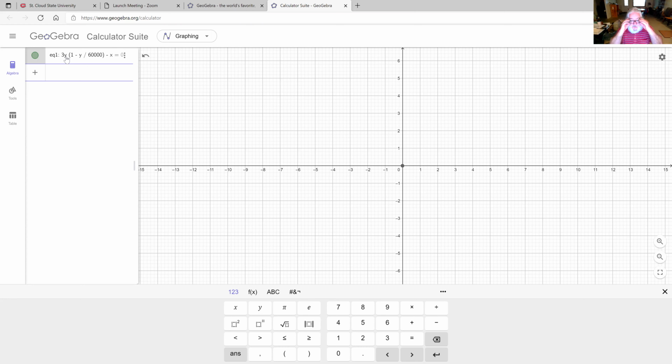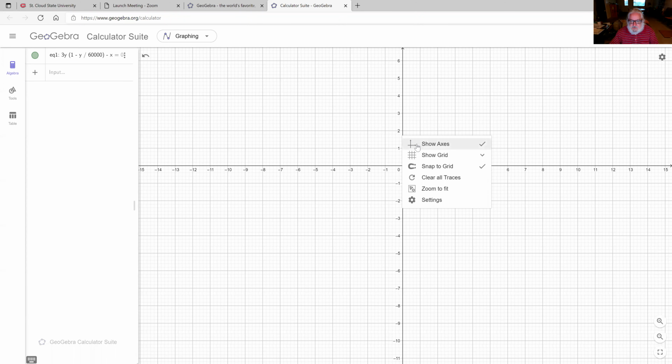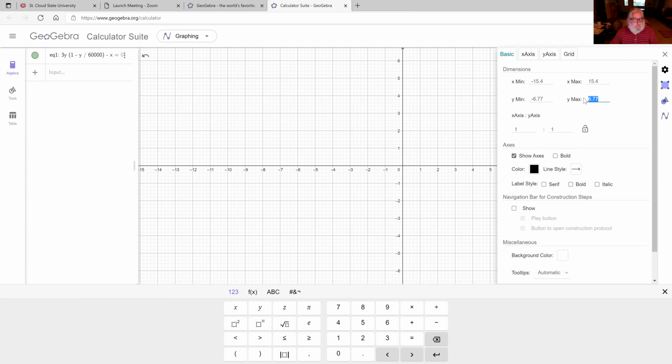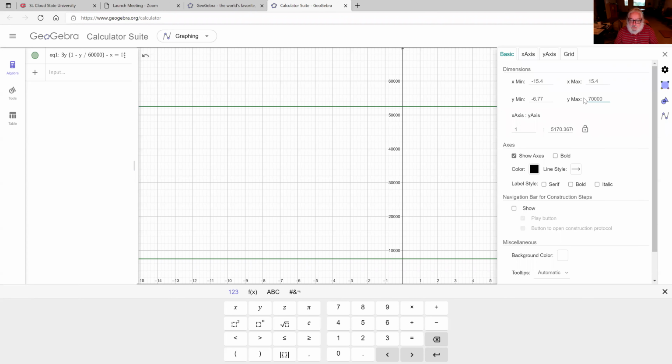And I get that, and that's not very useful, because 60,000 is a huge number. So I need to adjust my axes. So let's put the y maximum to be, I don't know, 70,000. There we go.